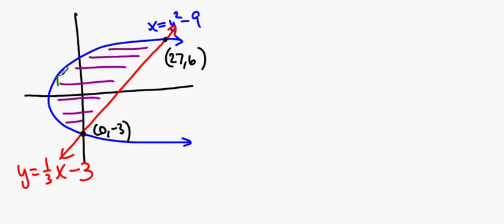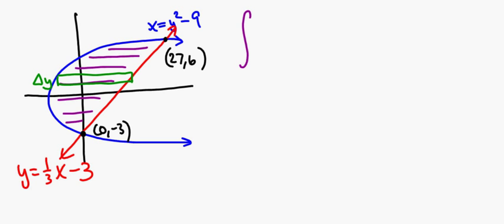So instead, we're going to do horizontal slices. We're going to fill the region with rectangles that are all lying horizontally. Now, what does that do? Well, it still turns into an integral. But instead of all the widths being tiny changes in x, the widths are all tiny changes in y.